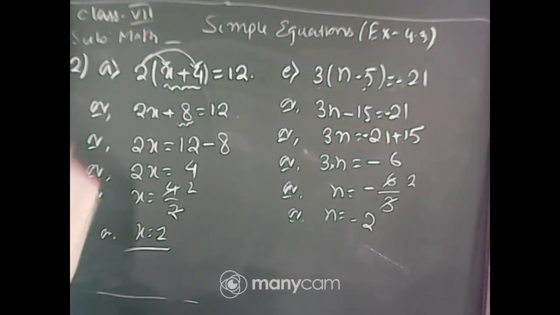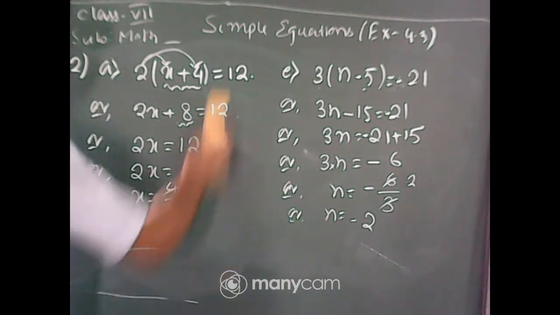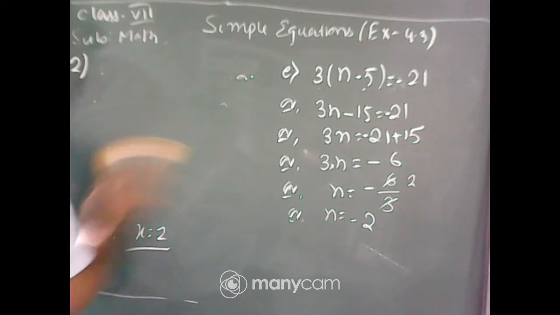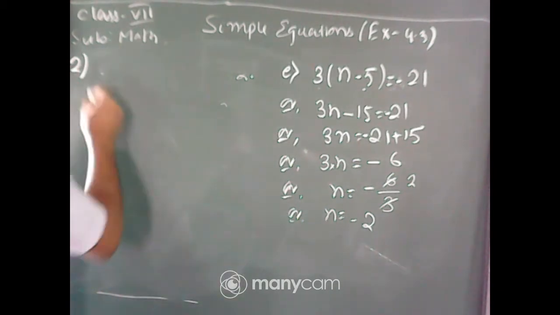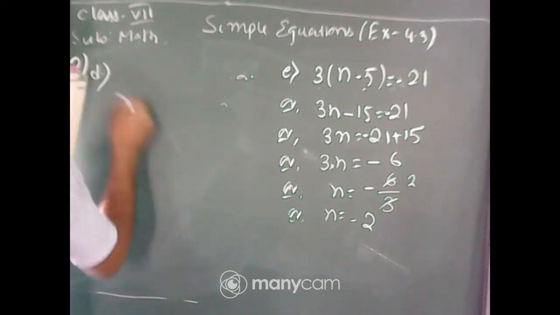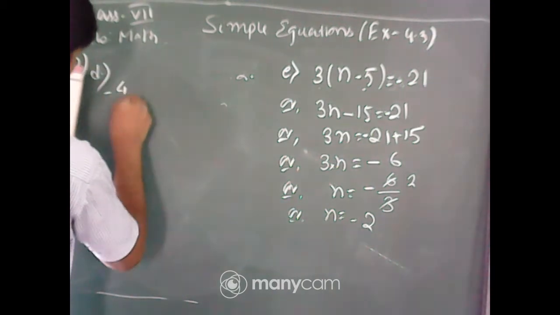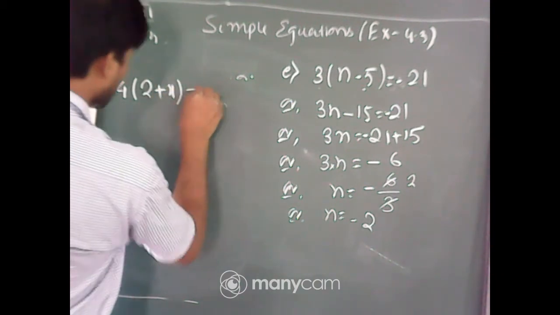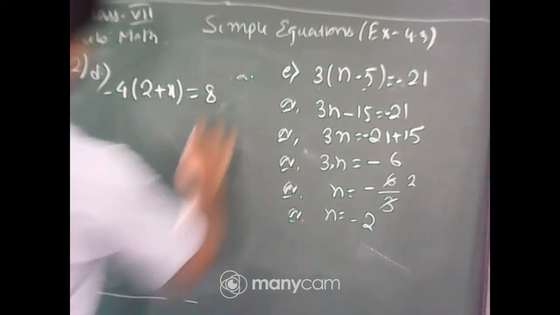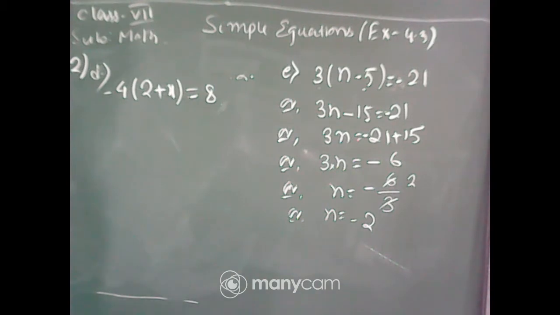Now we'll solve question number D. Minus 4 into (2 plus x), which is equal to 8. Now remove the bracket, means multiply the expression 2 plus x by minus 4. Minus 4, mind it. So what will be the result?